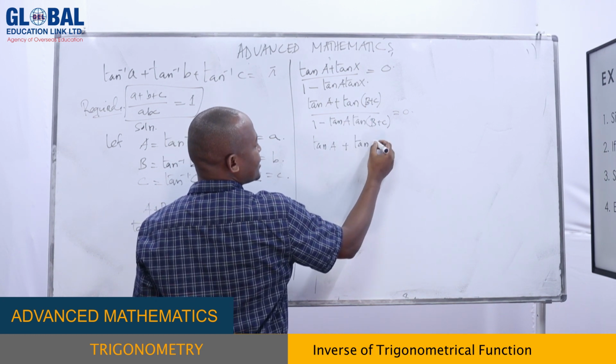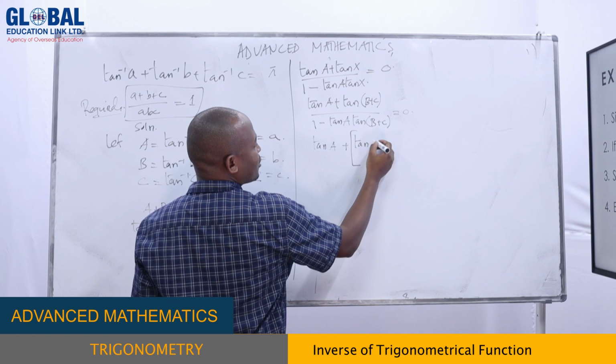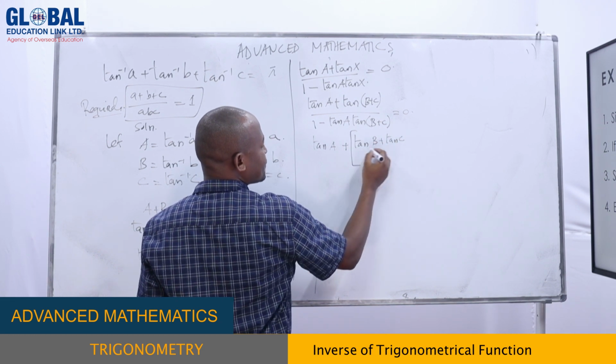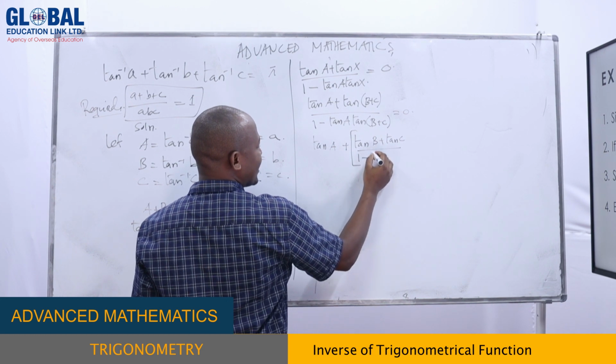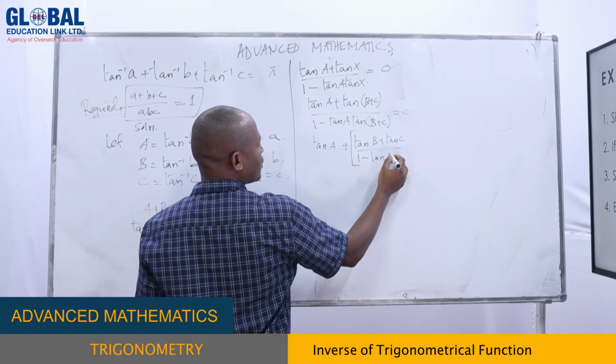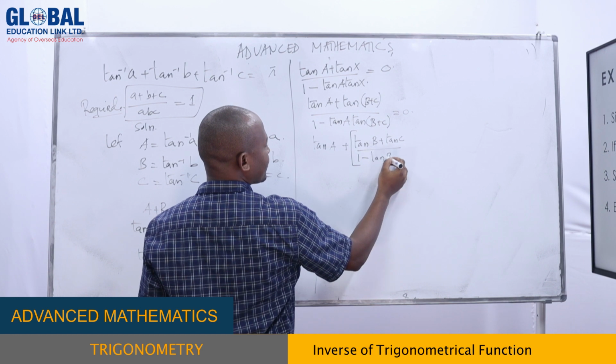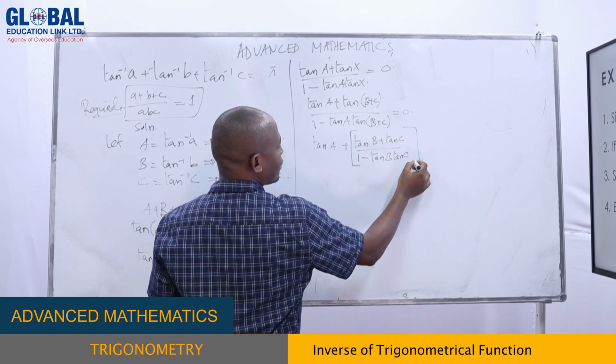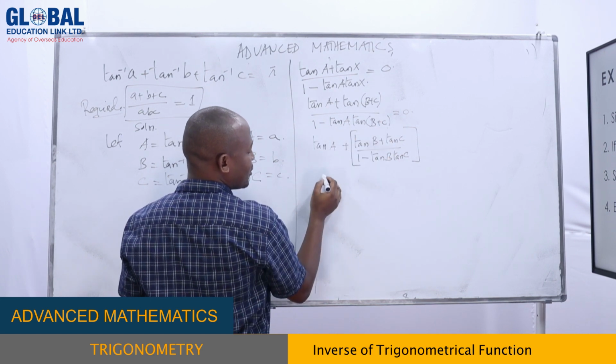So we have tan of A, as it is there, plus, be careful there, tan of B plus tan of C over 1 minus tan of B tan of C. But also we have this thing down here.